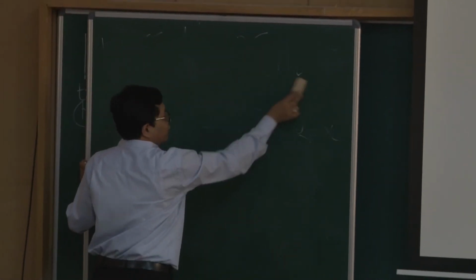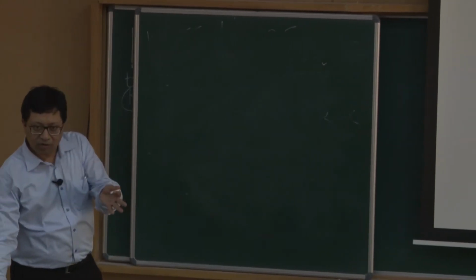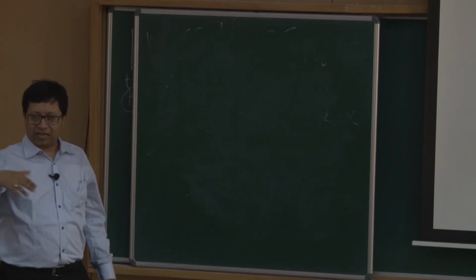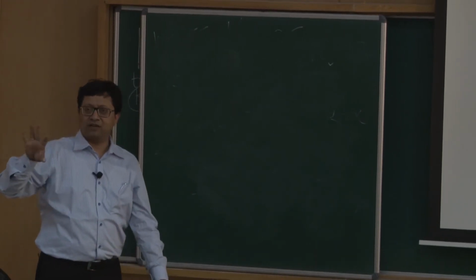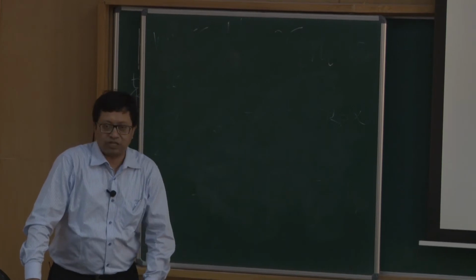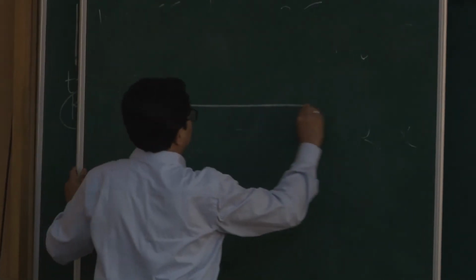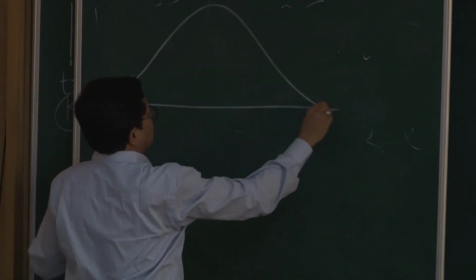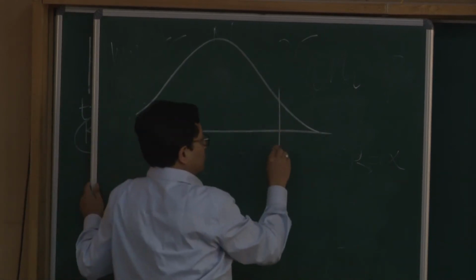I am going to draw it for the normal distribution. It can be done for the multi-normal, since normal distribution can go into the multi-normal phase, but for extreme value it becomes difficult. You have to use different types of bootstrap methods, different types of simulation methods to try that. I will just try it for the normal distribution case. Consider this is the normal distribution and you want to put up some risk value.